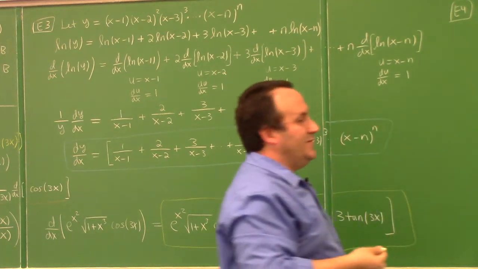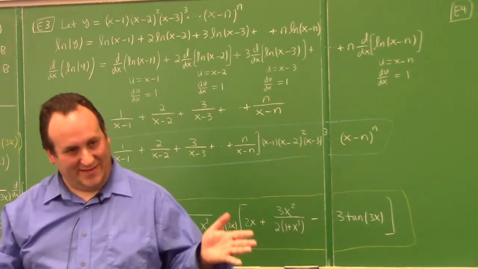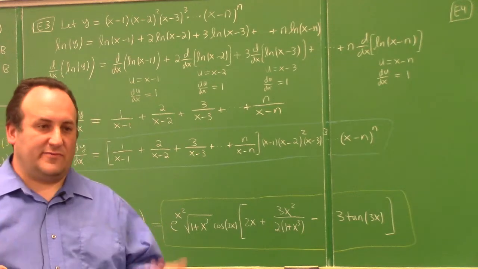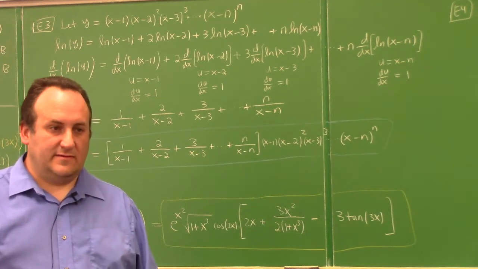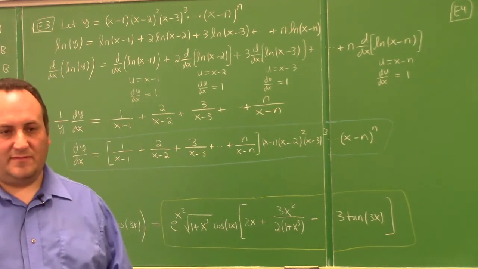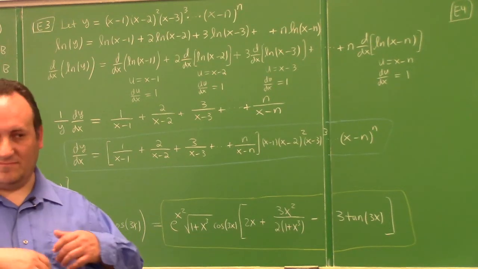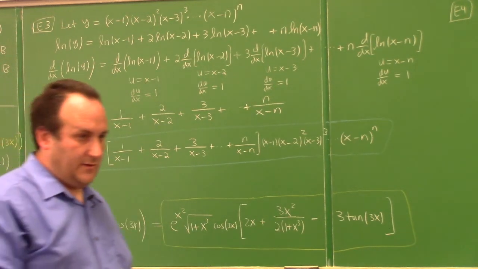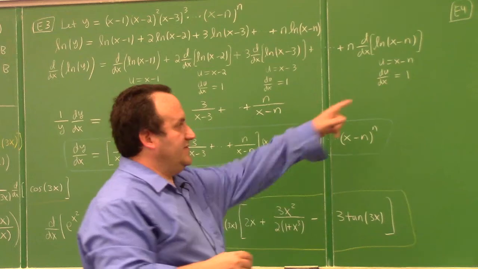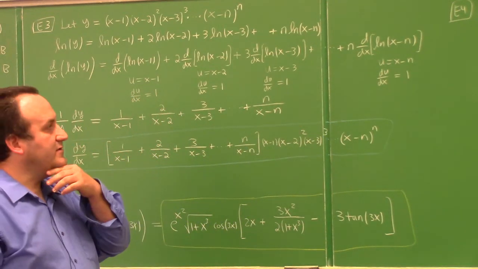I think this time, taking the natural log is not going to help us. This is not technically a logarithmic differentiation problem, so maybe I shouldn't call this example 4. I should call it something else. This is something different. But my question is, how can you change that to something that you do know how to differentiate?